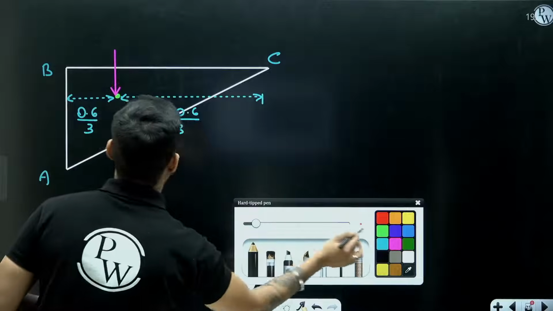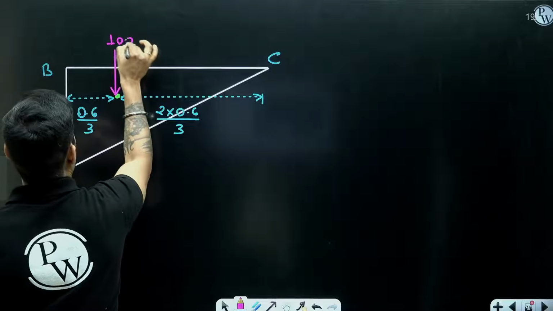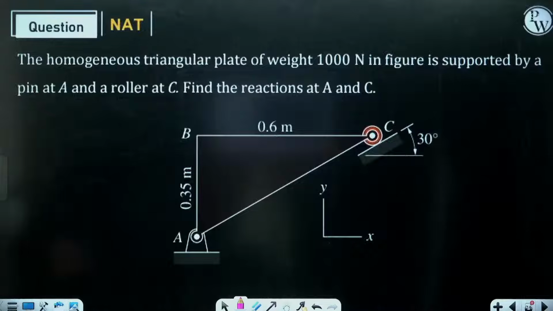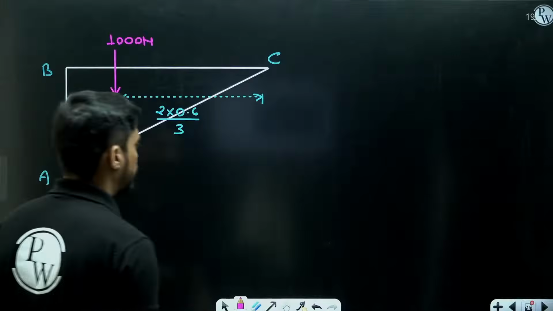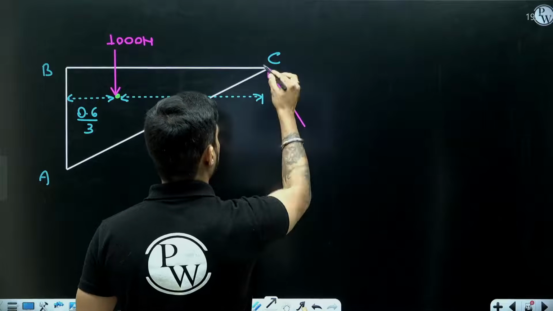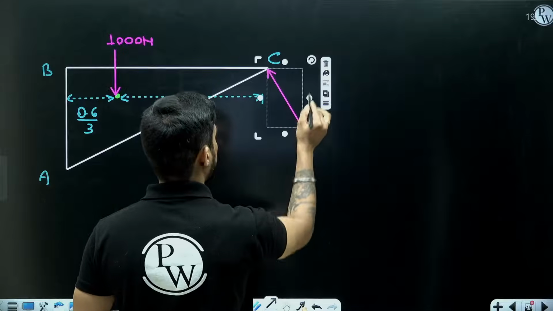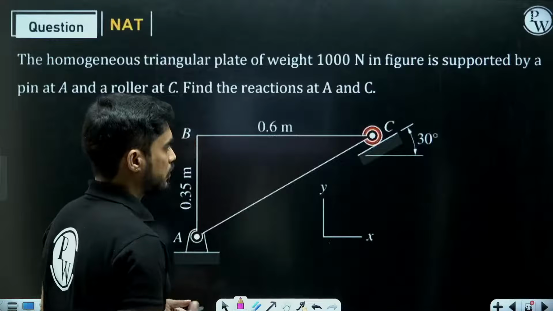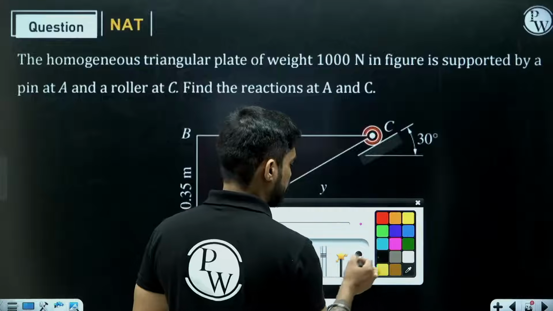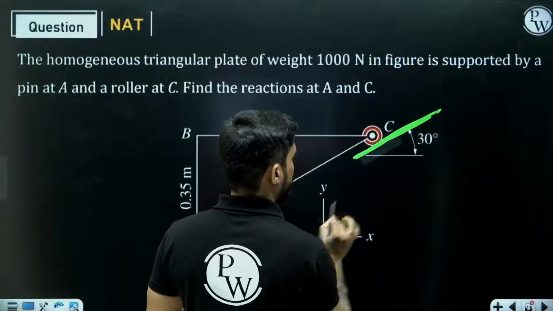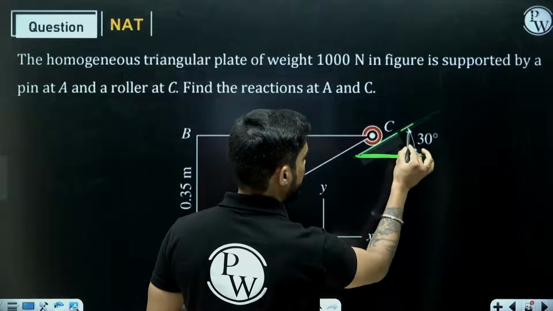Chalo. Now, there is a roller support at C. So the reaction at the roller will be normal to the surface, like this. Now understand this very important thing. This surface is making 30° with horizontal.